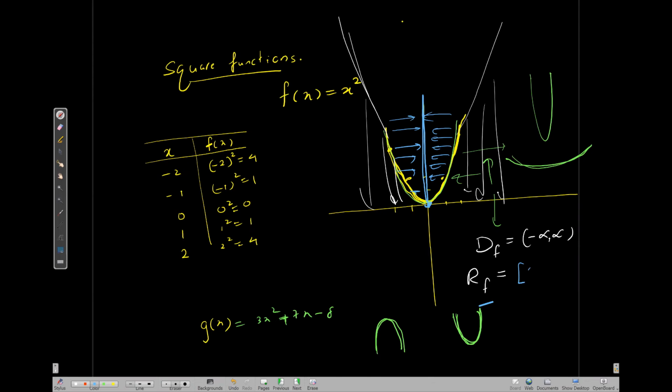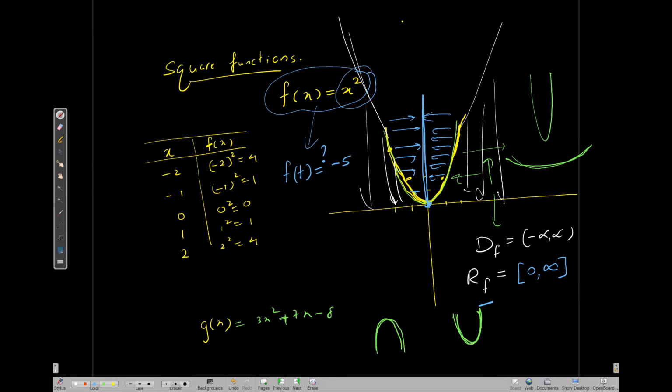So 0 to infinity. Which makes sense because our square function, if for example somebody asks you, for any x value, can it be negative numbers, negative 5? No, right? Never, because x squared is positive. Now you have to remember carefully, this is only for the base function.